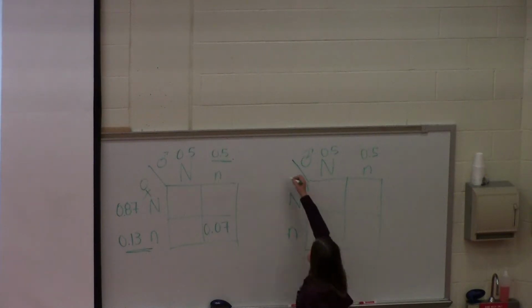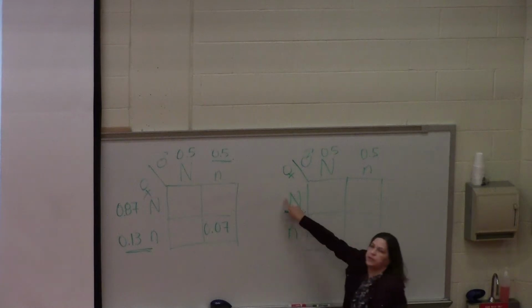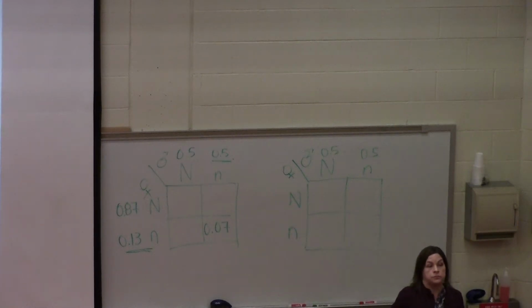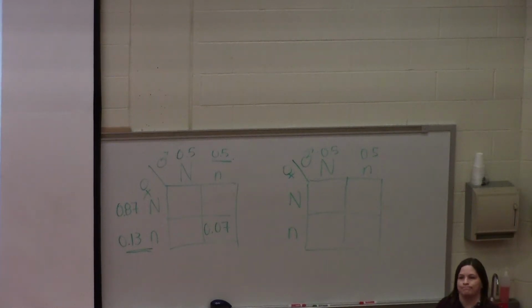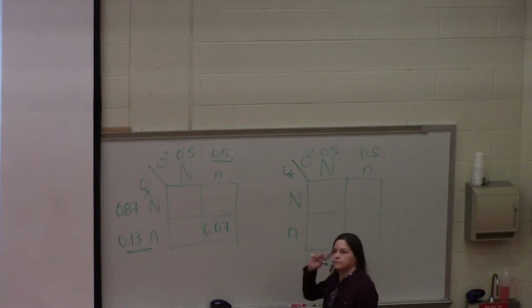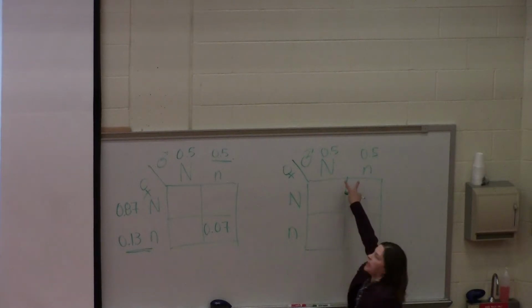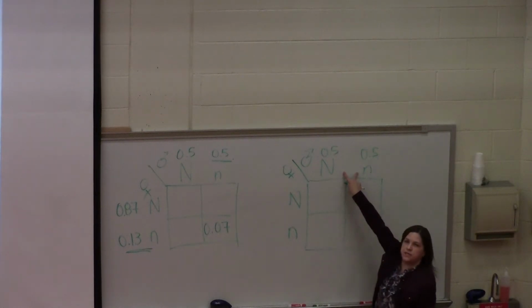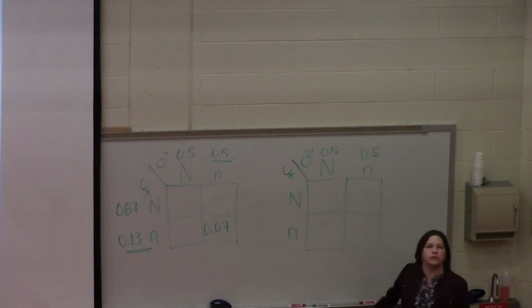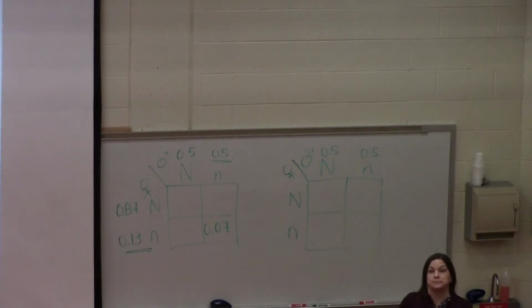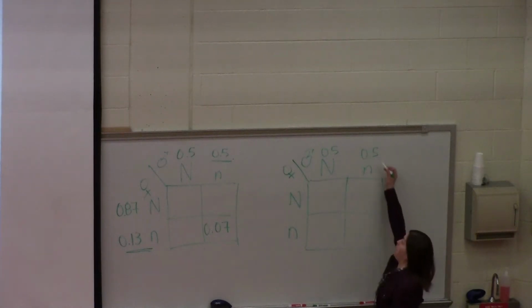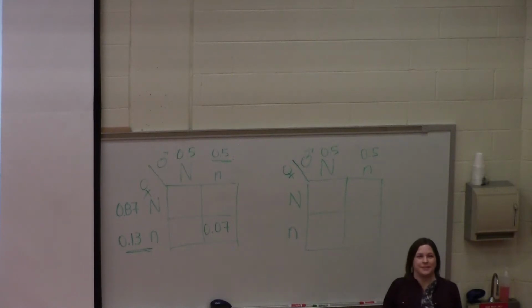In that case, what would these frequencies be? I heard a point something. If this is dad, what percentage of his babies are going to get the little n allele? 50%, right?